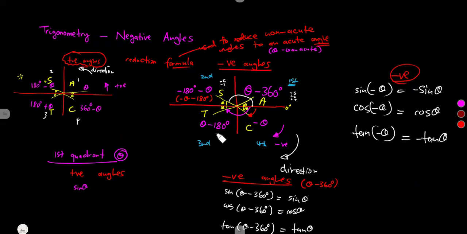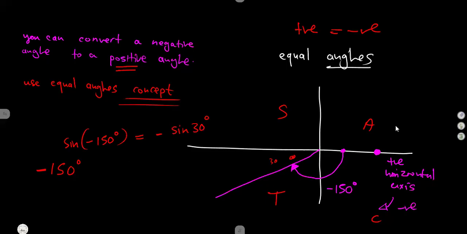If you want to use this reduction, you can write it as theta minus 180. How can we write minus 150 as theta minus 180? To have a negative, it means a smaller angle is subtracting a bigger angle. Theta is the acute angle.